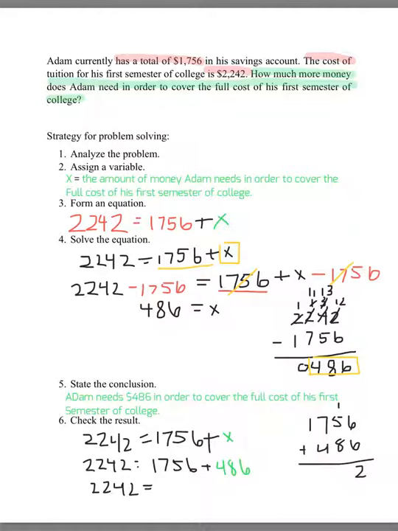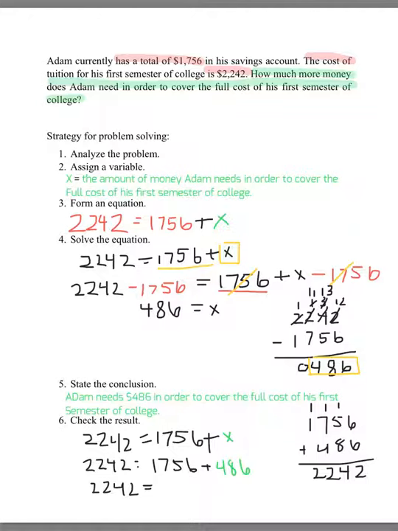That gives us 14. So we bring down the 4, carry the 1 on over. So now we have 1 plus 7 plus 4. So we have 12. Bring the 2 on down. And carry the 1 on over. And now we have 1 plus 1 gives us 2.